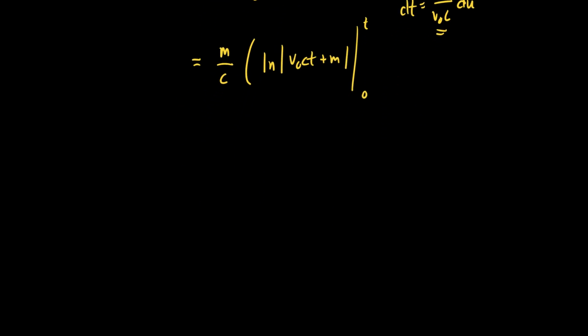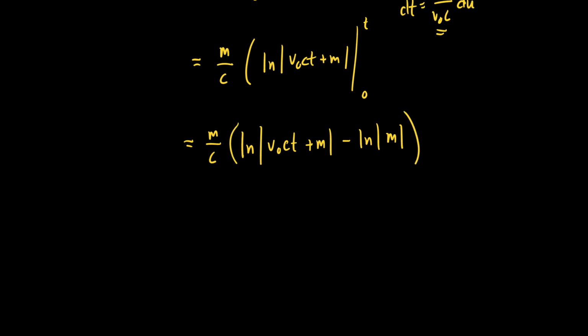Now, when I evaluate that, I get natural log of v naught ct plus m minus natural log of, well, just m. Now, I don't have to solve this for t, right? It's already here. In the last one, we had to solve it because v was trapped in here. This side is just x, but it might be cleaner to combine them.